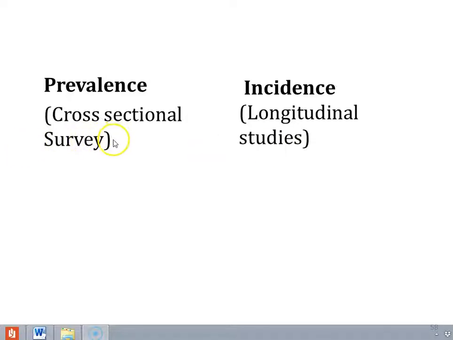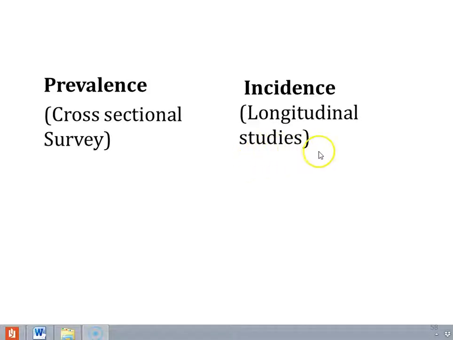In a cross-sectional survey, we basically find out the number of people who have a disease, and we are counting all the cases, whether they were old cases or newly developed, because counting newly developed cases can only be possible if the people who developed the case were under our observation.